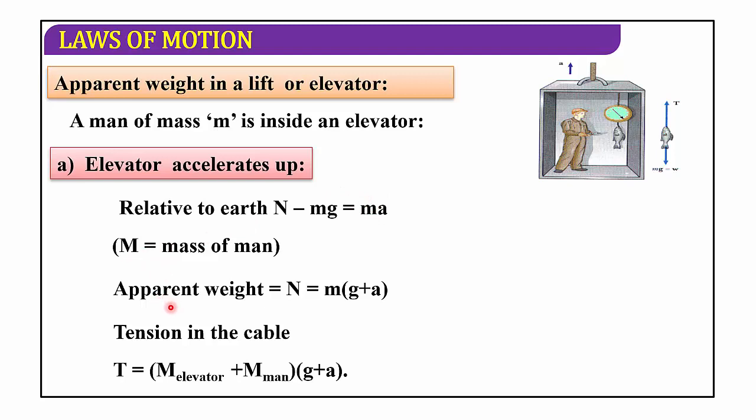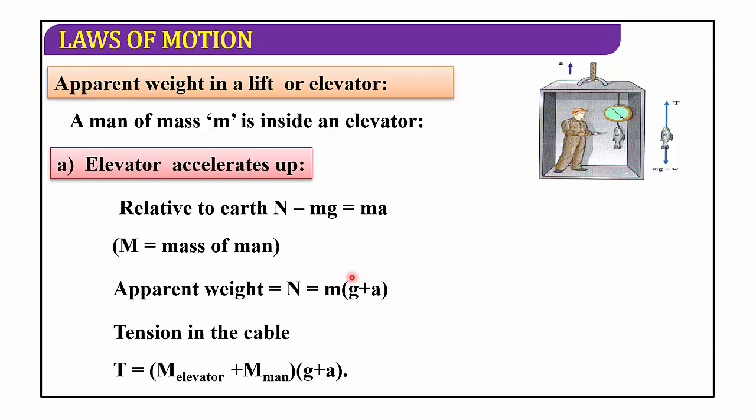So first we have to write how to write apparent weight. When the elevator is moving upward, we should write N equal to, or simply you can write F equal to M into G plus A. So why do we have to write G plus A when the elevator is moving upward? You can feel yourself when the elevator is moving upward or when you are sitting in a giant wheel.